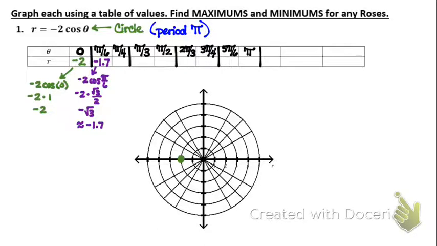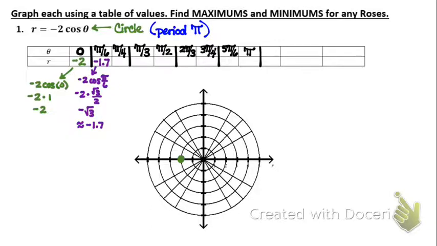I'm just going to write down negative 1.7 because I just need to ballpark on my graph about where this is. Did you make sure that you're in radians? That's okay. We were working in degrees up until today again, so make sure that you're in radians. Did that fix it? Okay.